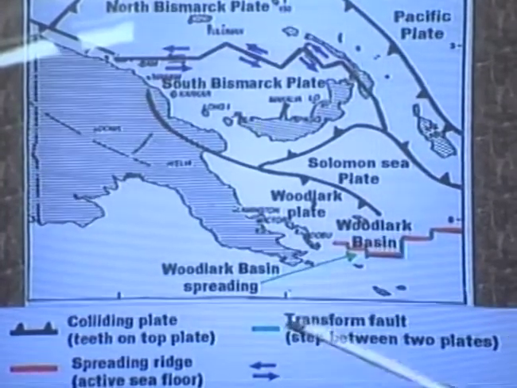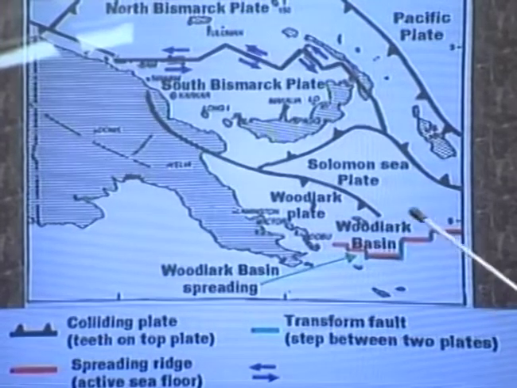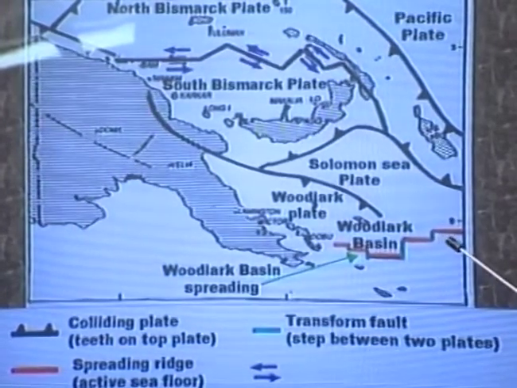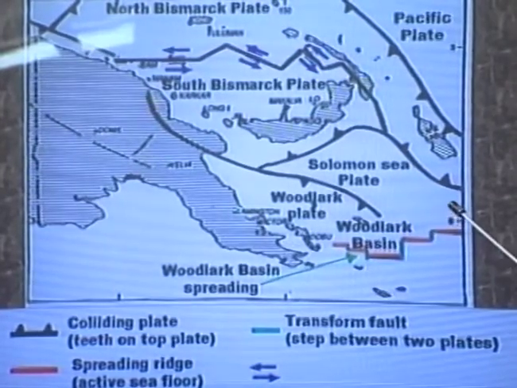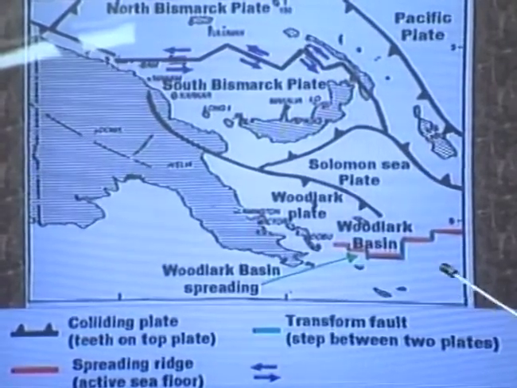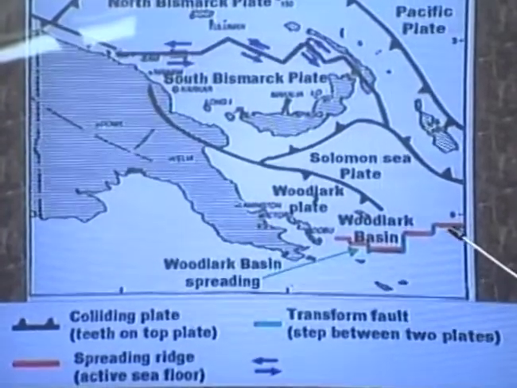Okay, the red lines on our map, especially where Milne Bay waters are, that's the Woodlark Basin. This is where we have a spreading ridge occurring, and this is also an active seafloor in the country.